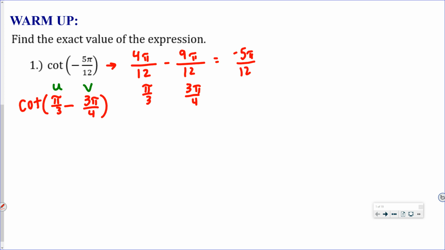Okay? So I see the tangent difference has tangent of u minus tangent of v all over 1 plus tangent of u, tangent of v. So my numerator for cotangent would just be 1 plus, and you keep it tangent. Yep, that's a common mistake.